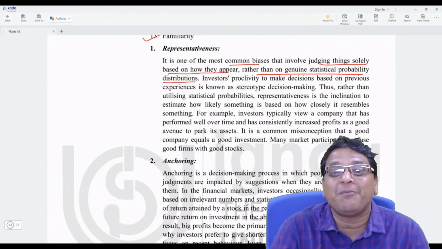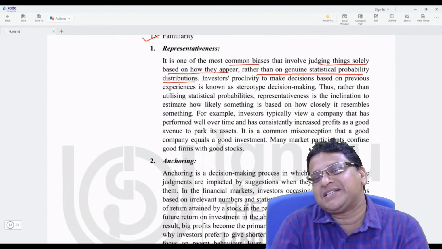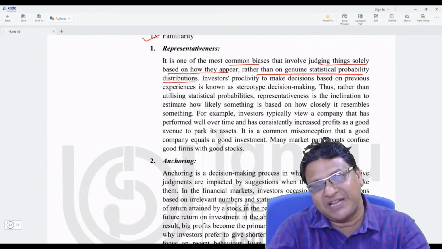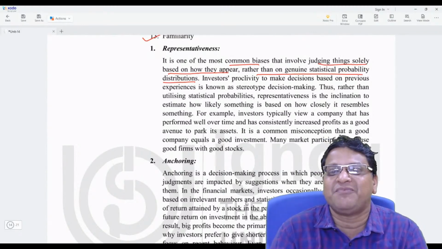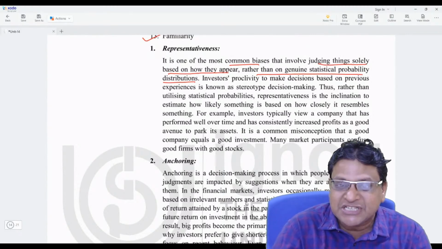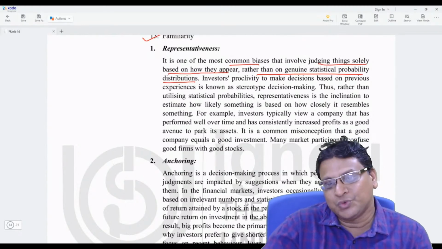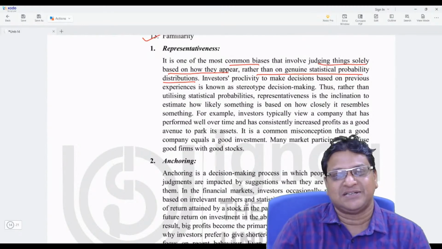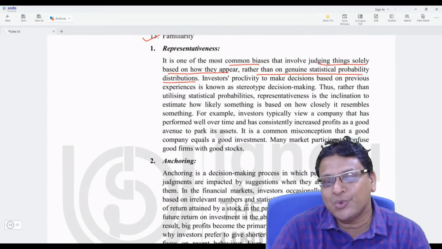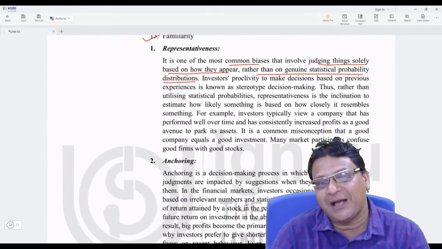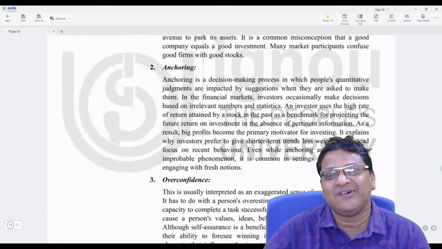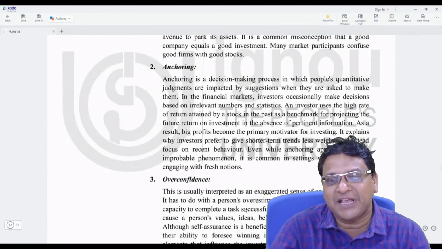If a stock price increases, people say that it's a good stock. If the stock price decreases, people say that it's a bad stock. They do not apply statistical probability distributions to give their judgments. So judging things solely based on how they appear is known as representativeness.